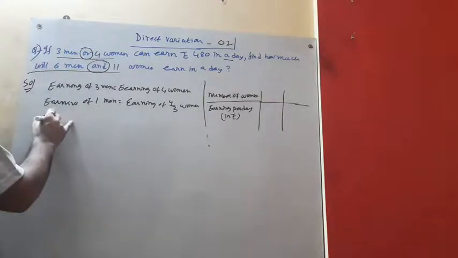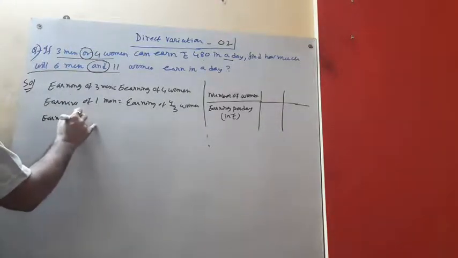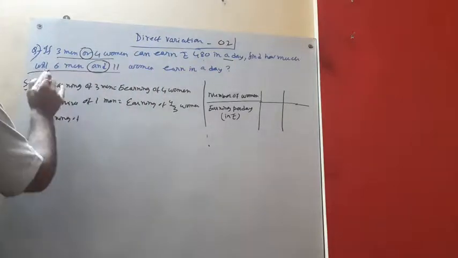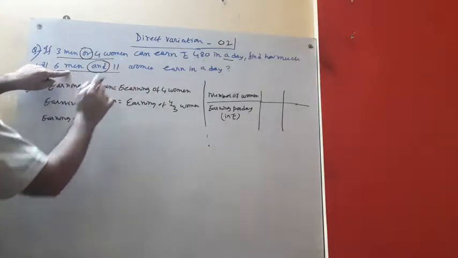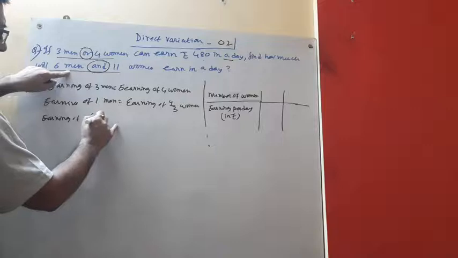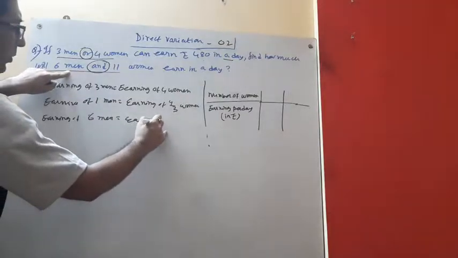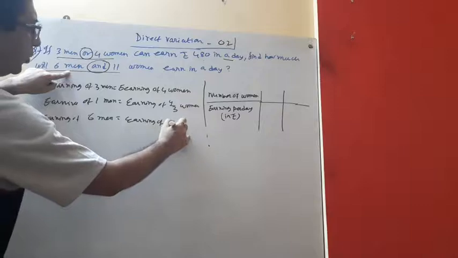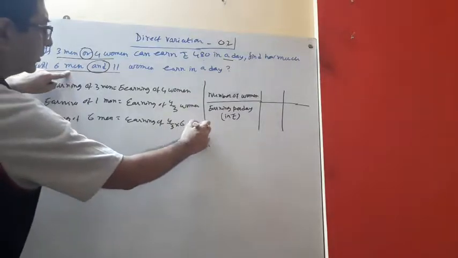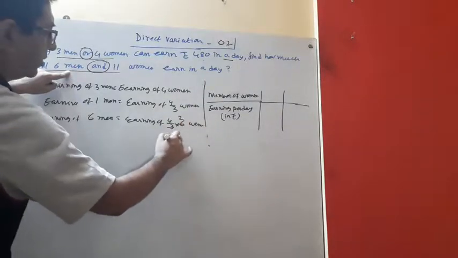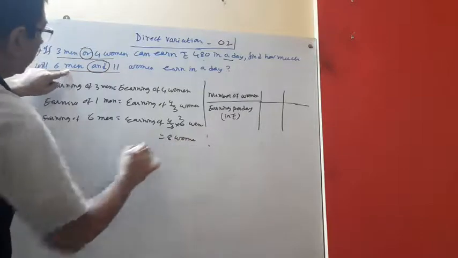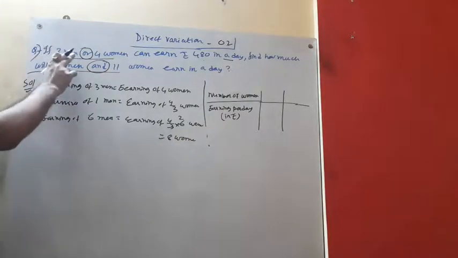So we have to find 6 men and 11 women. So earning of 6 men equal to earning of 8 women.